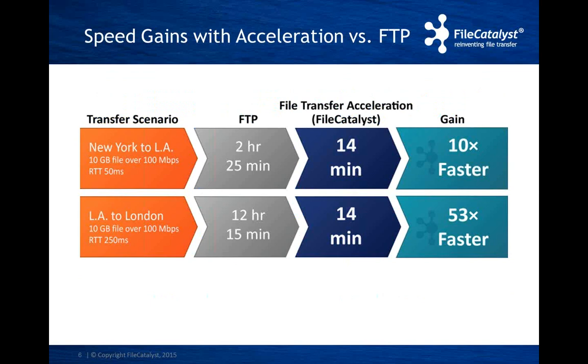From LA to London, where you have a much higher RTT, or round trip time, the delay on the network, it takes 12 hours with FTP, and FileCatalyst takes 14 minutes. And by the way, I'm saying FTP here, but this applies to all TCP-based protocols, whether you're using HTTP, Windows file sharing, SCP, or SFTP. All of this falls under the same umbrella.